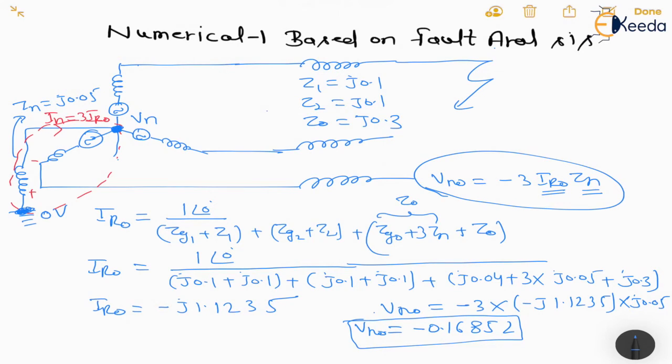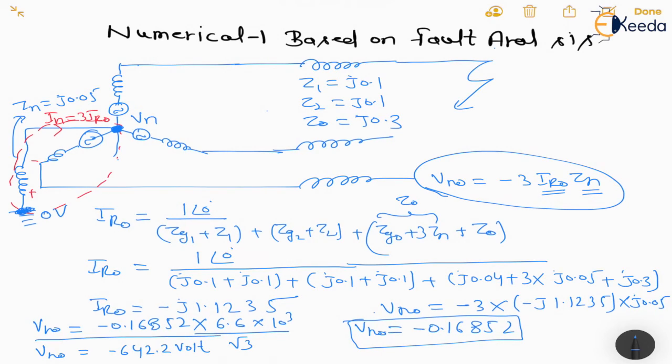So we will take the base voltage as phase voltage, not line voltage, since this is not a line value. So Vn0 in actual will be equal to minus 0.16852 into the voltage given, 6.6 into 10 to the power 3 upon root 3, the phase value. So Vn0 comes out to be minus 642.2 volt.